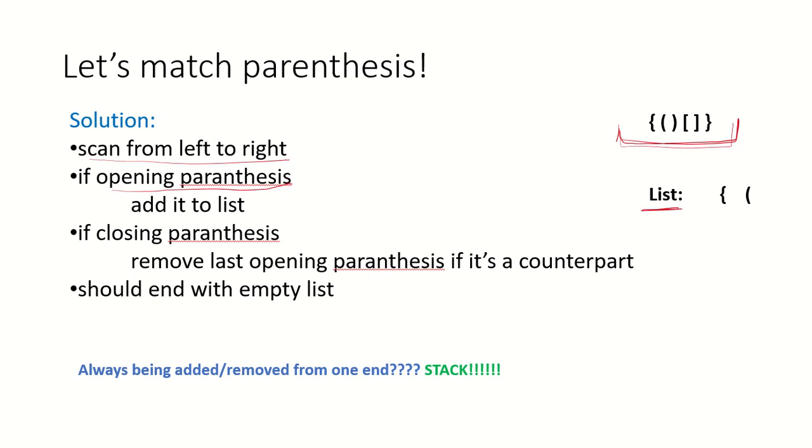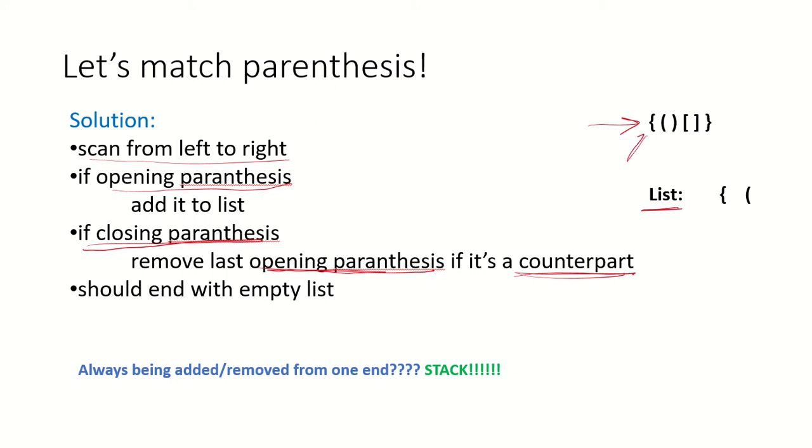So we are going to create a list and keep adding parentheses as we scan this expression. If it is a closing parenthesis, we will remove the last opening parenthesis if it's a counterpart. So let's see how we will go around this.